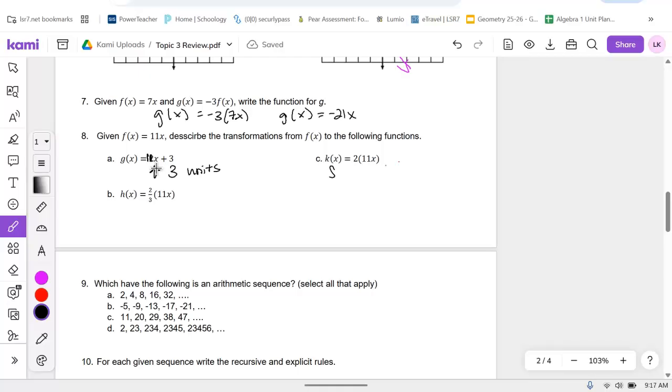This means it's a stretch, or it gets skinnier by 2. And then h of x equals 2/3 times 11x would be a compression, or it gets flatter by 2/3.